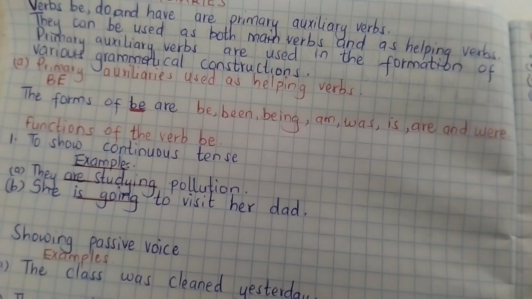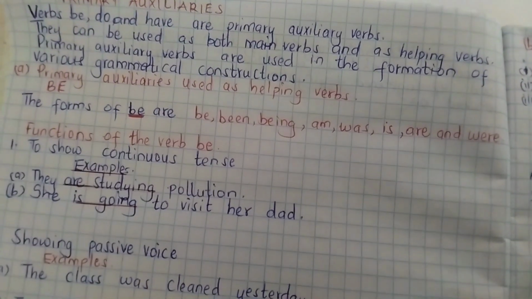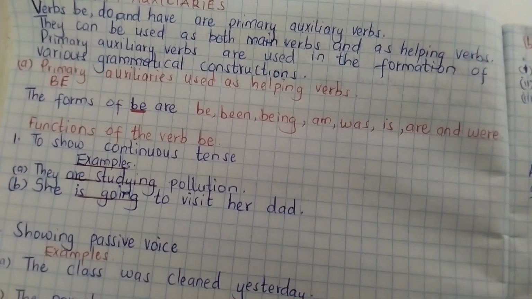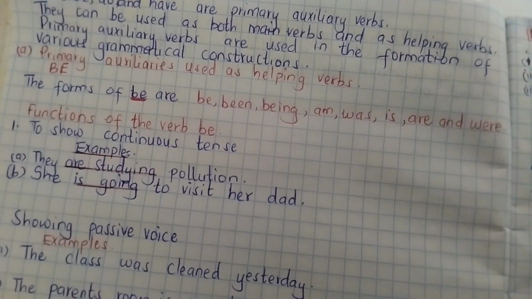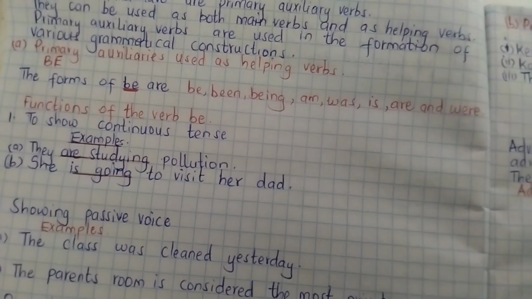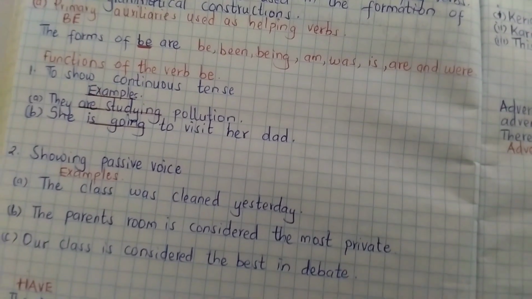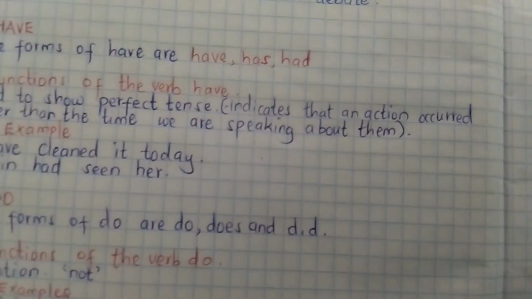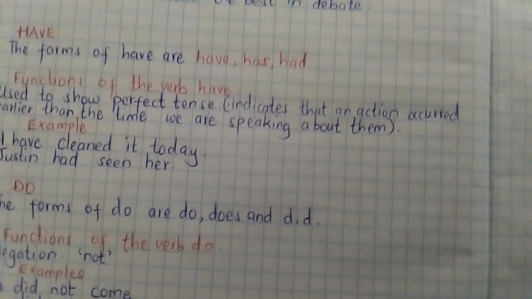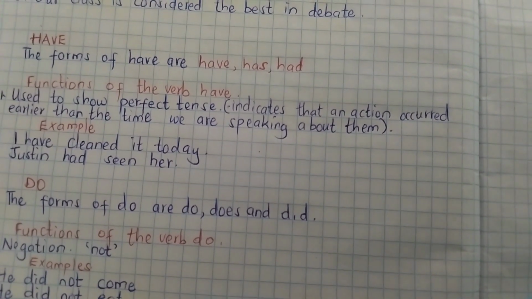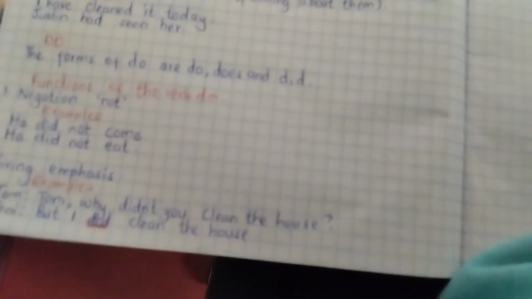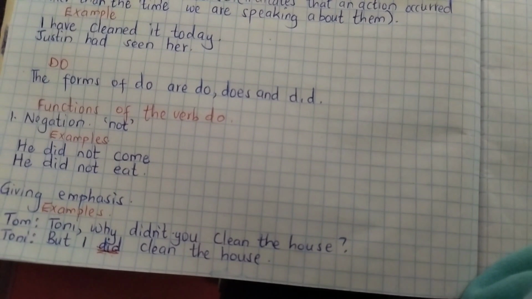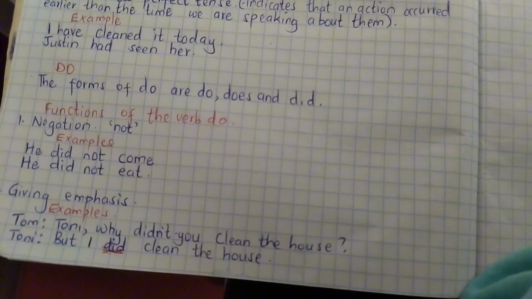Be has different forms, and its functions are to show continuous tense and to show passive voice. Have has various forms, and its function is to show perfect tense. Do shows negation and also gives emphasis.